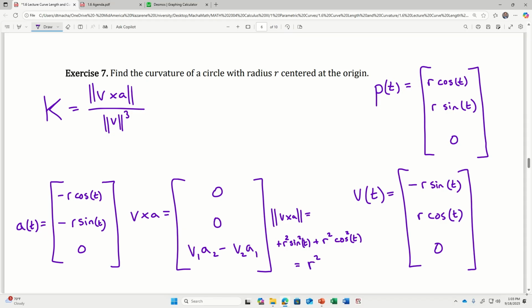Because think about factoring out the r squared, and you're left with sine squared plus cosine squared. Sine squared plus cosine squared is 1, and so you just get r squared. So in the numerator, the norm of this cross product is r squared.